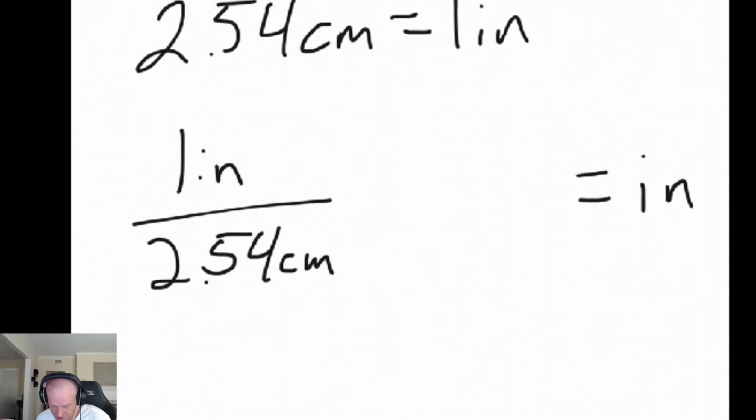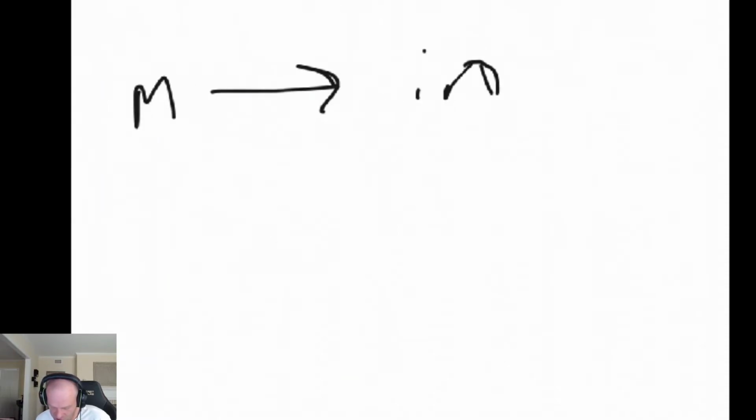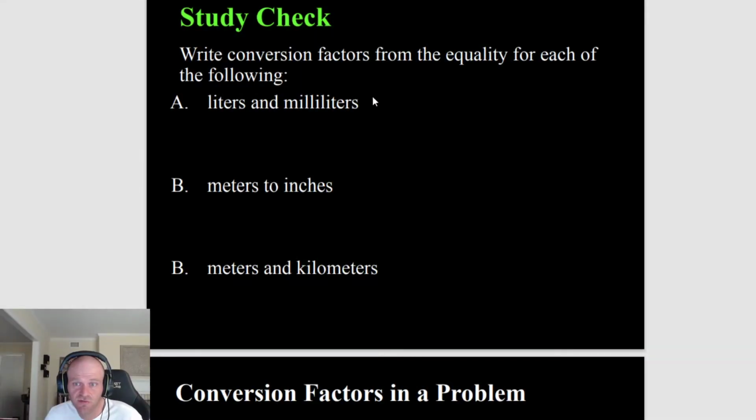The reason I'm doing that is you want to set up the problem so that whichever one you're trying to find, whichever it asks you for, goes on the equal side. So the final thing in this one is it wants me to go from meters to inches, so meter is going to be on the left of the equal sign.